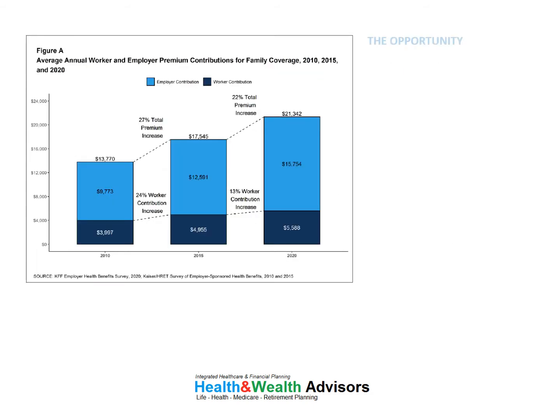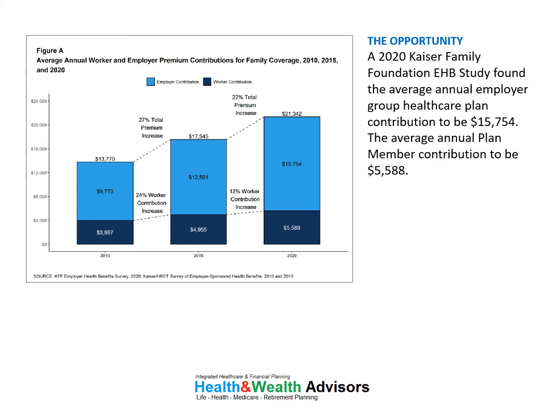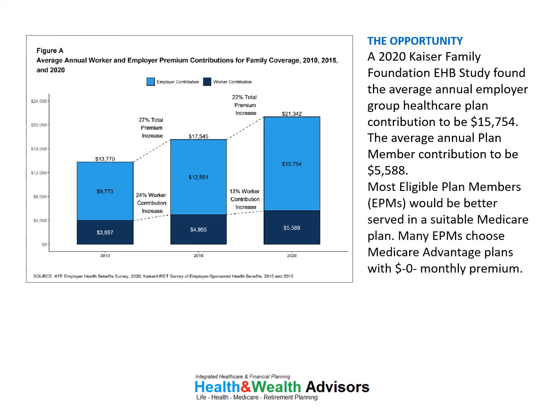The 2020 Kaiser Family Foundation Employer Health Benefit Study found the average annual employer health plan contribution to be nearly $16,000. The average annual plan member contribution is almost $5,600. Most eligible plan members would be better served with a suitable Medicare plan. Most eligible plan members choose Medicare Advantage plans with $0 monthly premium.